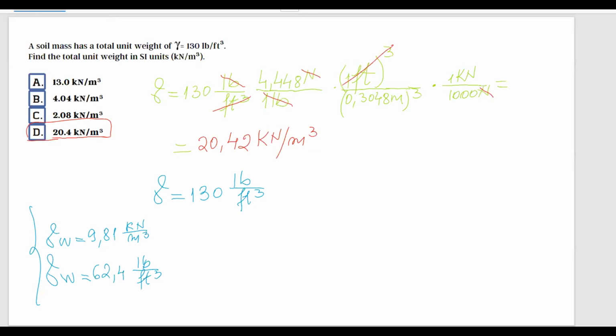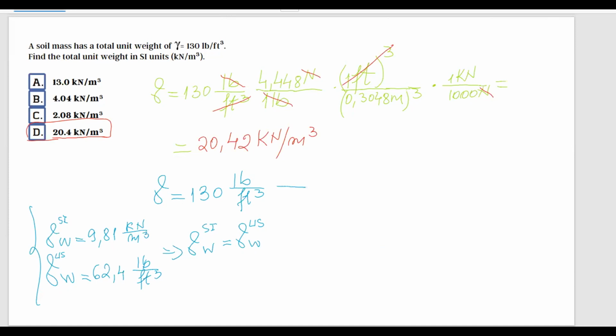All right, so now if you think about it, this is SI units, and this is US units, let's say. So if you think about it, unit weight of water in SI units is equal to the unit weight of water in US units, which means that if I come here, I have to get rid of pounds per cubic feet and get a value in kilonewtons over meters cubed.